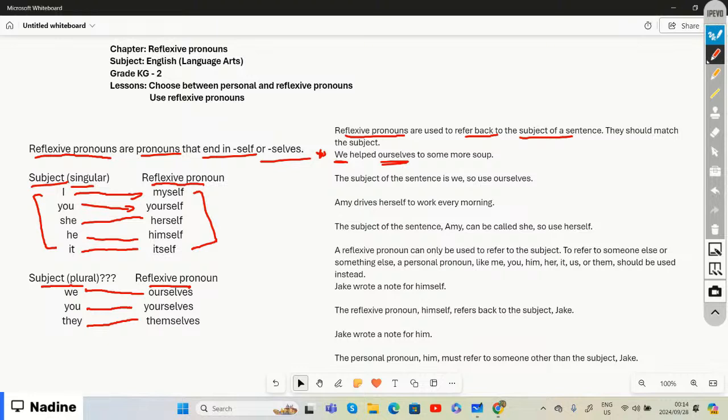So we helped ourselves to some more soup. And as you can see, ourselves basically refers back to we.